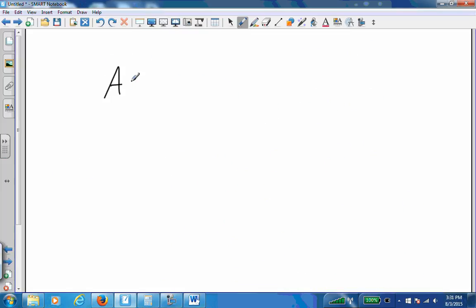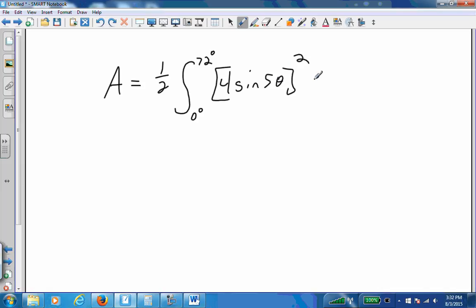So our area is 1/2 the integral from 0 degrees to 72 degrees, 4 sine 5 theta squared d theta.